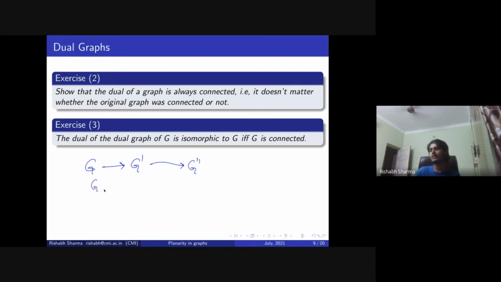I'm saying that G is isomorphic, or let me not say isomorphic, let me say that G and G double dash are the same graphs if and only if G is connected. So just try to do this and tell me if you get any ideas.